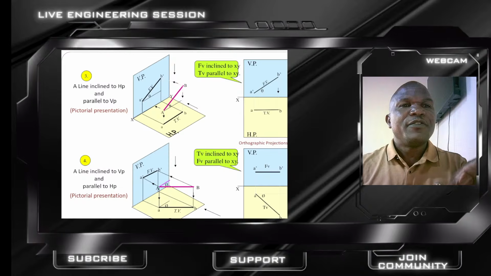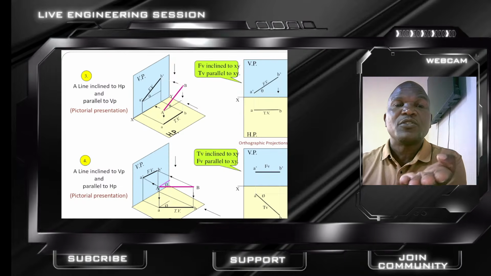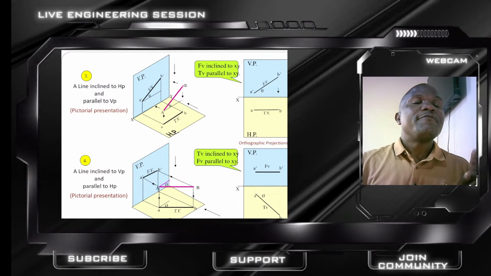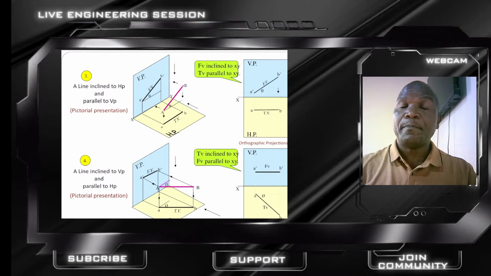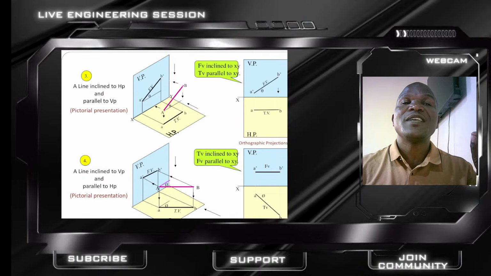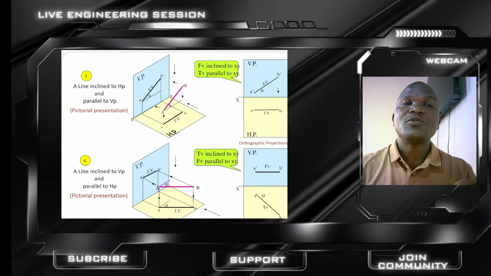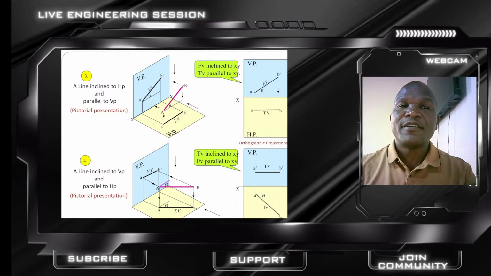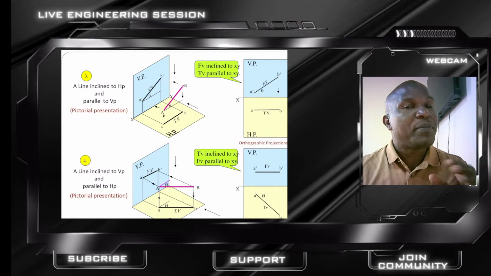Now, if it's inclined to the HP but parallel to the VP, its front view shows the true length, but the top view is inclined. And that brings us to the fourth case scenario, when inclined to the VP but parallel to the HP.